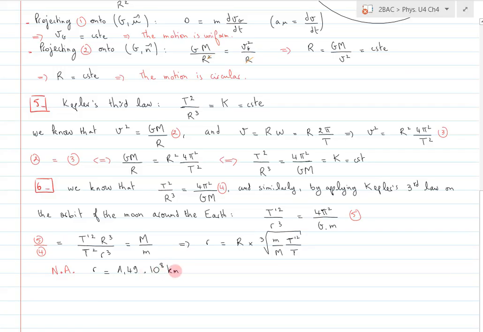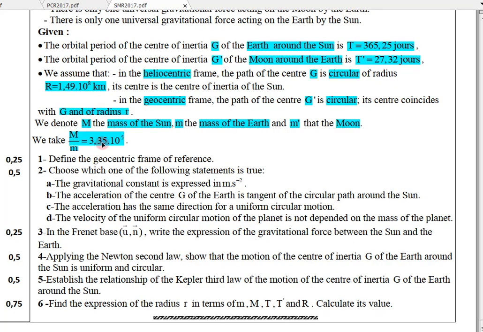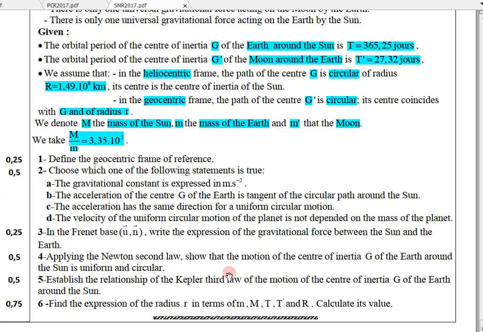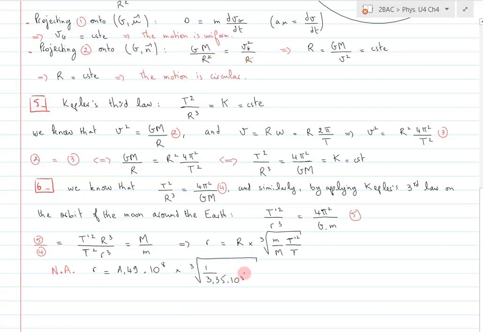So r is equal to R times the cubic root of the ratio m over M, so I have the inverse, 1 over 3.35 times 10 to the power 5, times T prime square over T square.